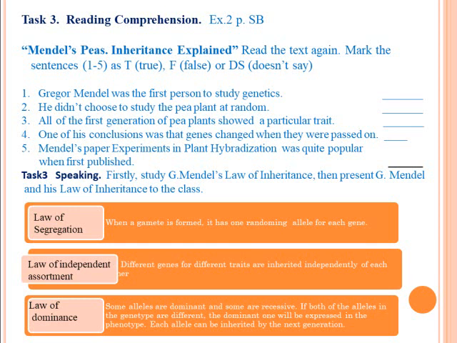Second, one gene for each trait is inherited from each parent. Thirdly, some traits may not be apparent in an individual but can be passed on to the next generation. So it is explained and concluded in the chart with the laws of Gregor Mendel.